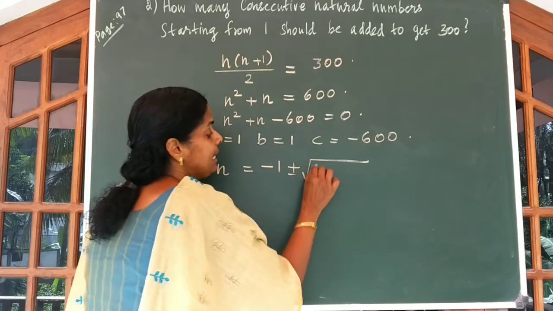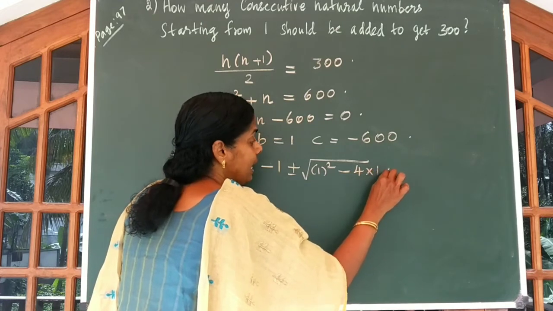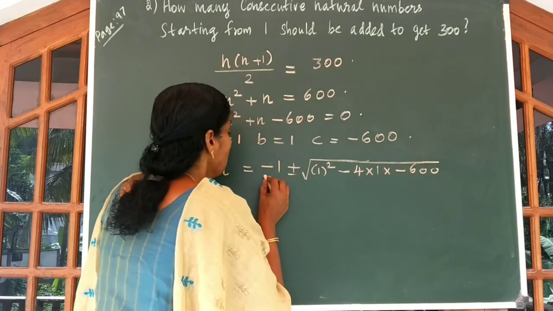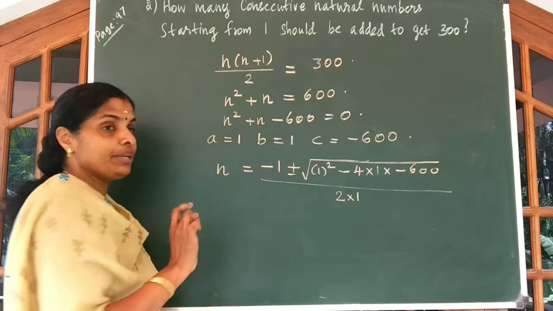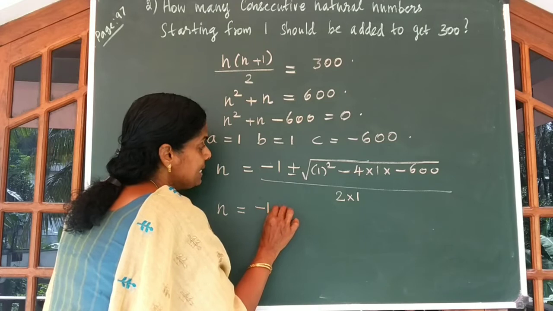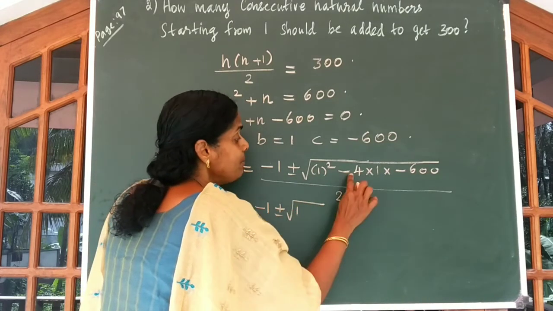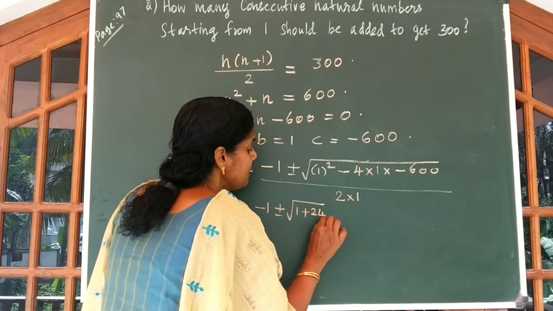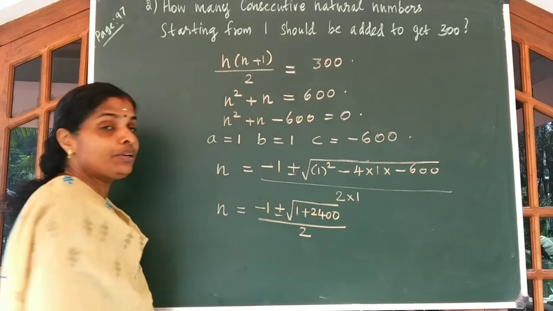B square value 1 square minus 4 into a into c value is minus 600, whole thing divided by 2 into a value is 1. Or otherwise, n is equal to minus 1 plus or minus root of 1 square is 1, minus of minus gives you plus 2400, whole thing divided by 2.